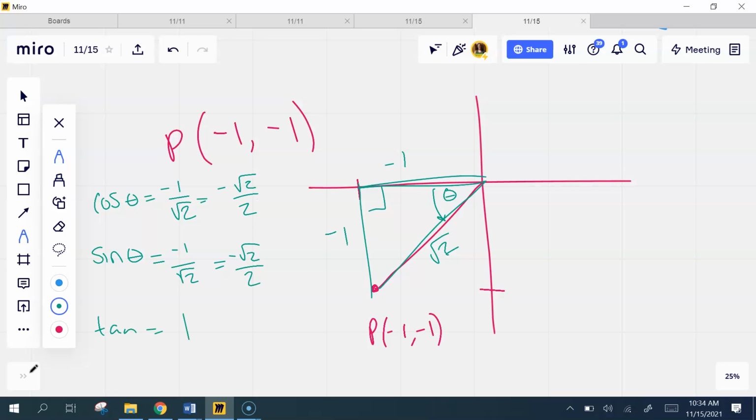And then, of course, we're flipping for the cofunctions. So secant would be negative square root of 2. Cosecant, you don't negative reciprocal, you just reciprocal.